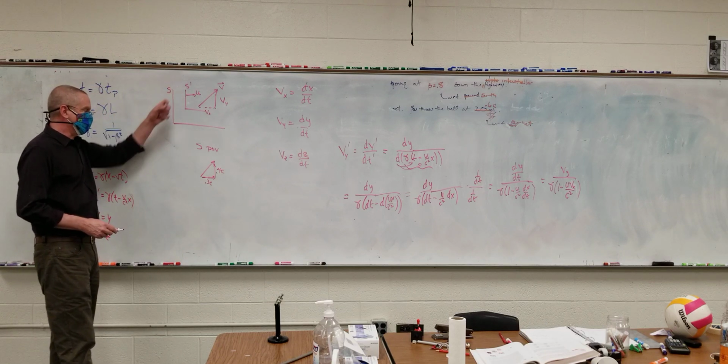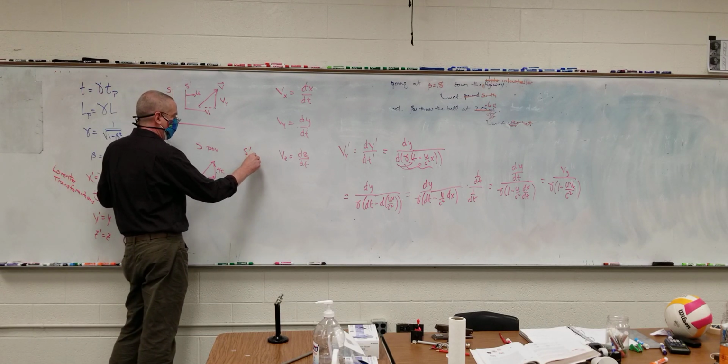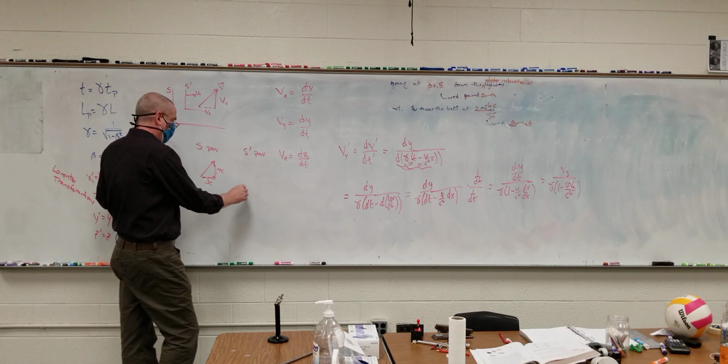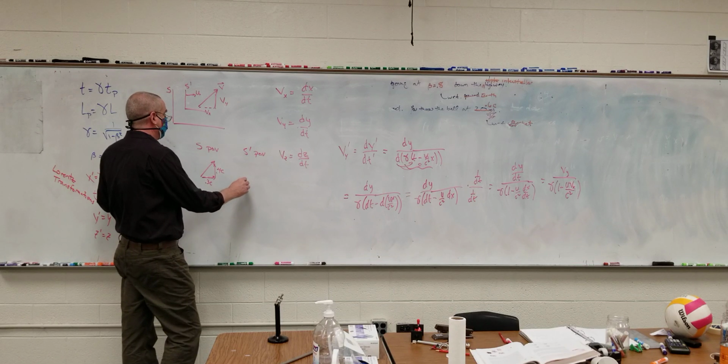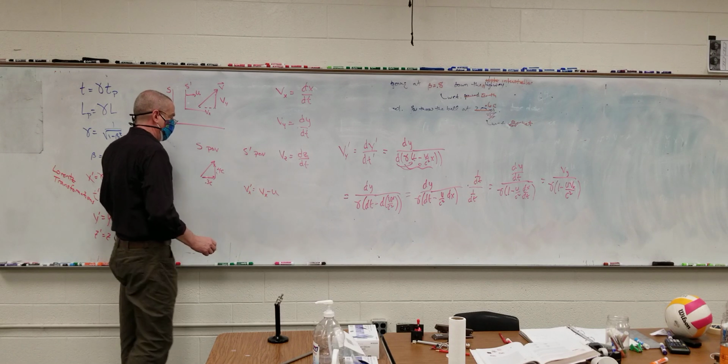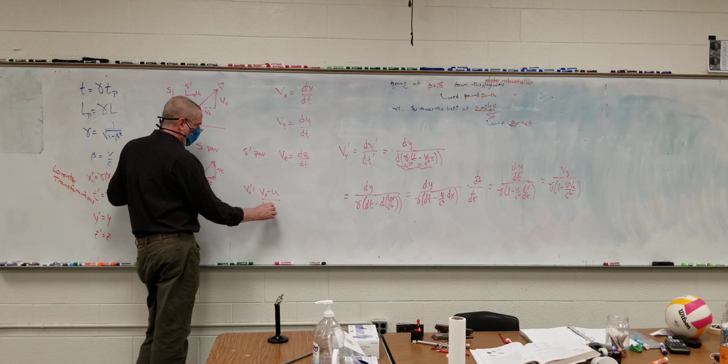Then from S prime's point of view, we just went through that formula. Vx prime would be Vx minus u over 1 minus u Vx over c squared.